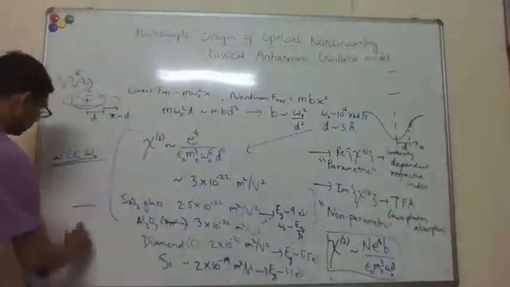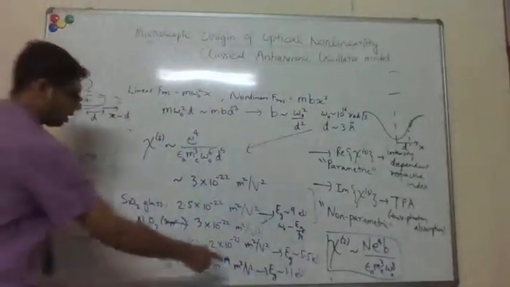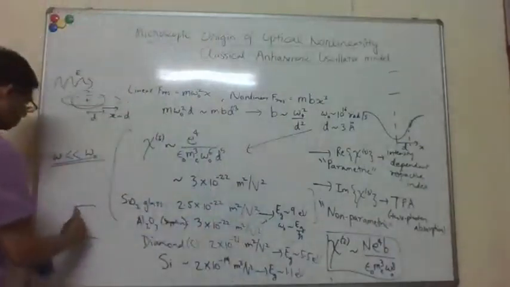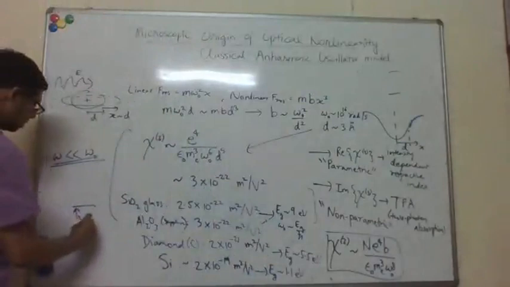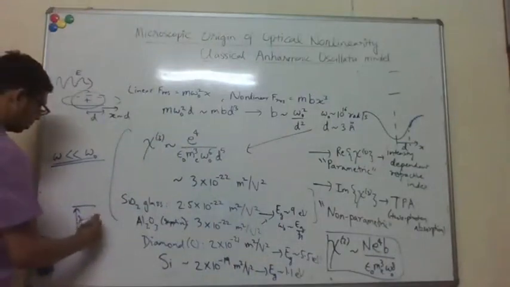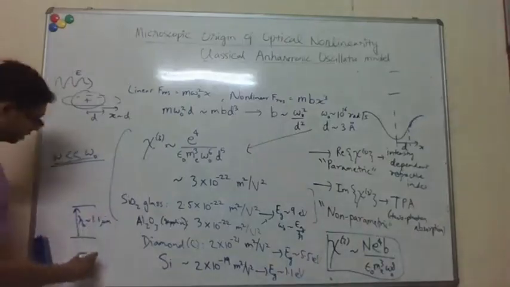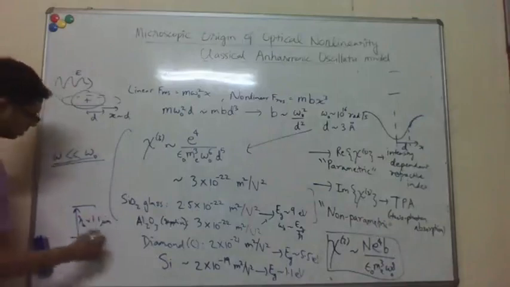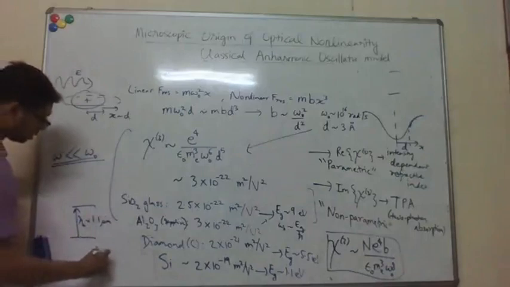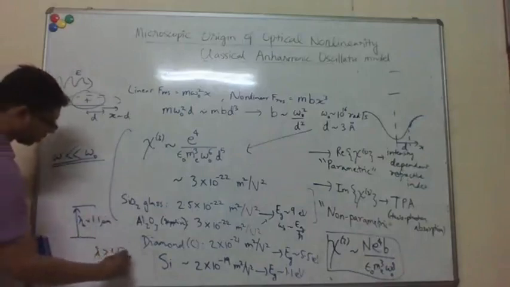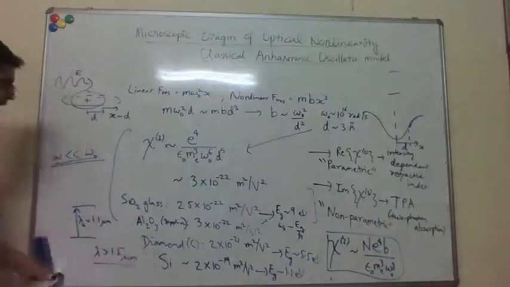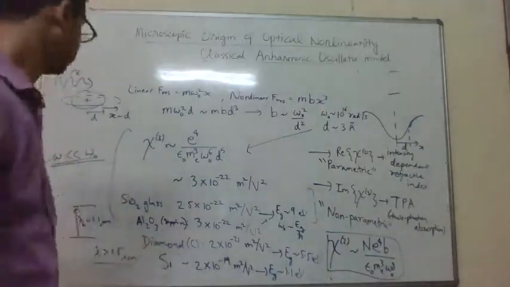For example, for silicon, 1.1 eV corresponds to a resonance wavelength of about 1.1 micron, which means you can operate at wavelengths which are much larger than 1.1. So typically, people use silicon only for wavelengths greater than 1.5 micron or so. So you are restricted to the infrared range.